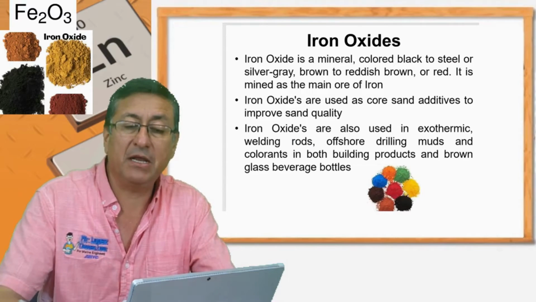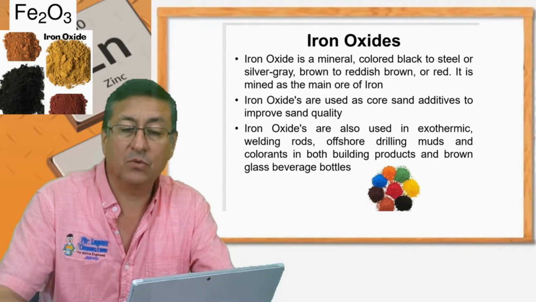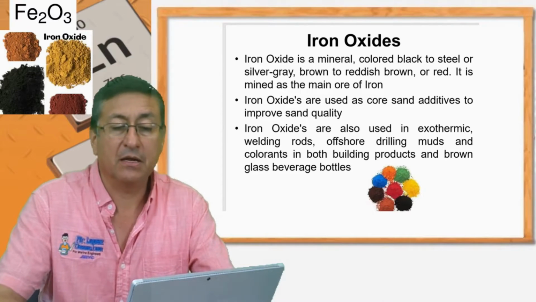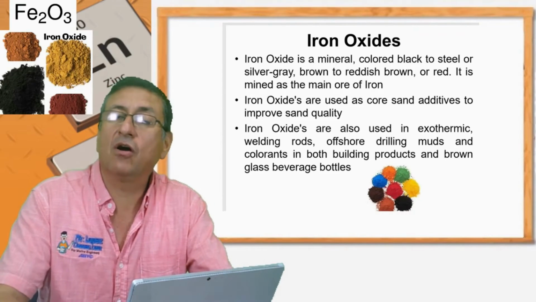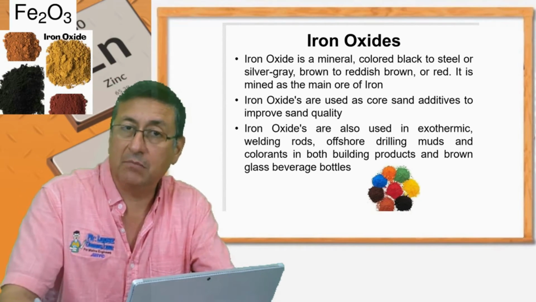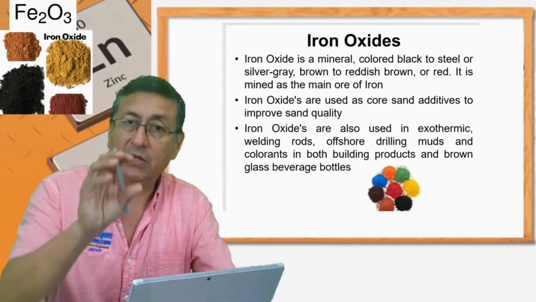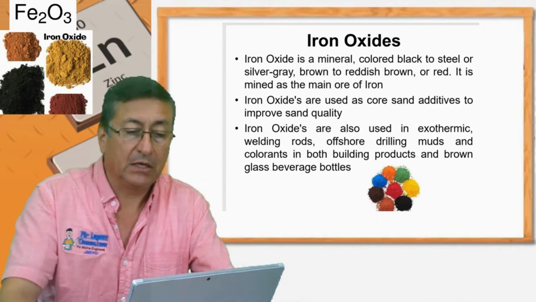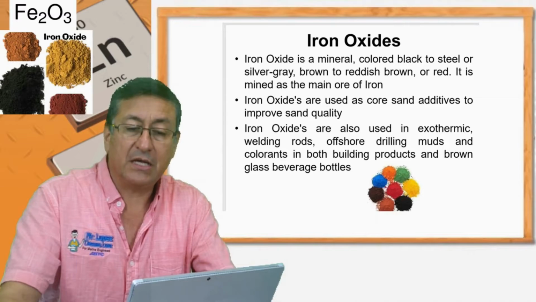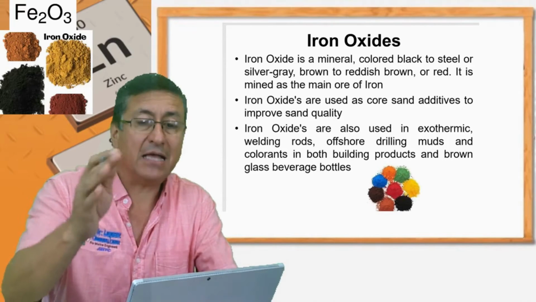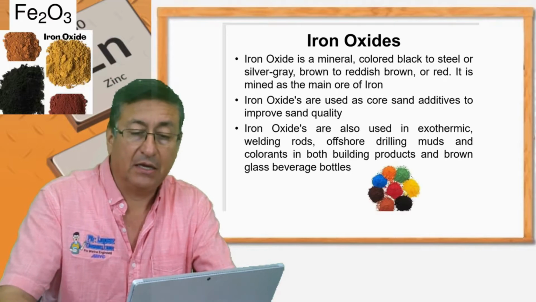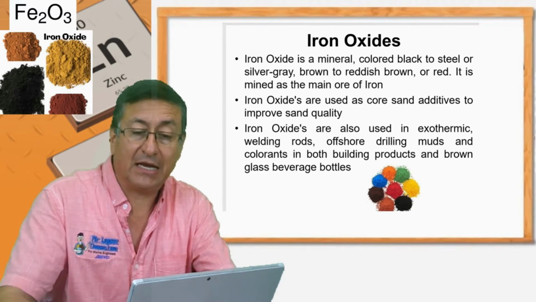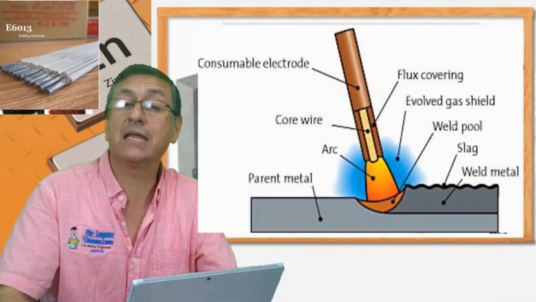Iron oxide is a mineral colored black to steel or silver gray, brown, or red, depending on the combination between the oxygen and the iron. Iron oxides are used as core sand additives, to improve the quality of the sand, and are also used in exothermic welding rods.